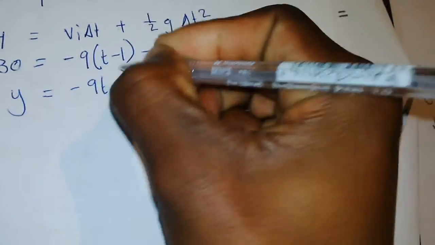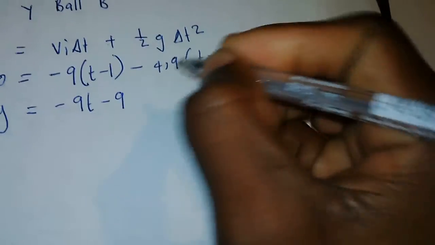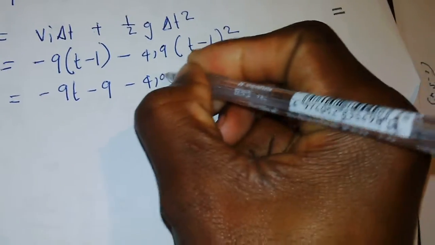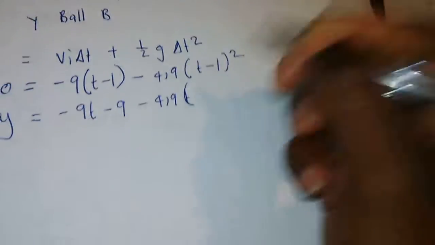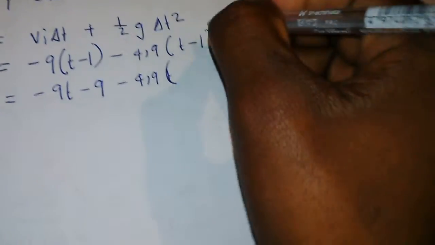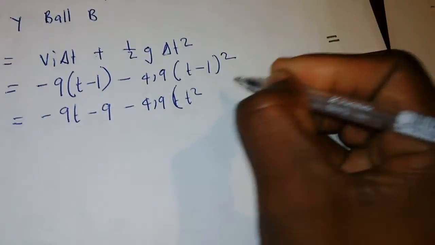Don't forget your 30 here. So y is equal to 30 minus 9 times (t minus 1) minus 4.9 times (t minus 1) squared. Oh, sorry guys, you still need to square this, so it's going to be t squared minus 2t plus 1, close brackets.